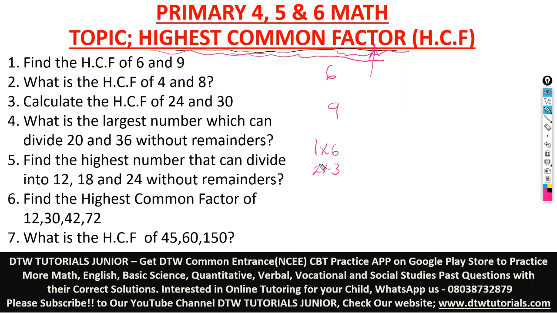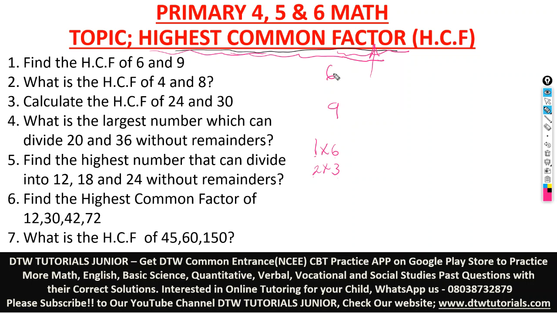So we now list the factors. 1 is a factor of 6. 6 is a factor of 6. 2 also is a factor of 6. 3 also is a factor of 6. Always remember that when finding the factors of a number, 1 is always a factor and itself will always be a factor. The factor will never be greater than the number you're looking for.